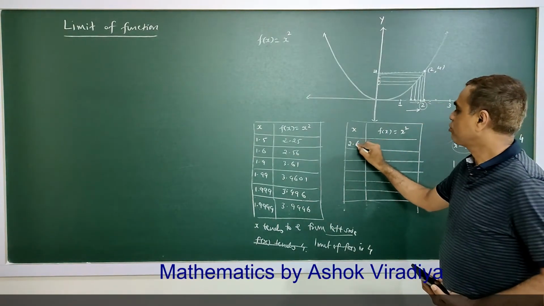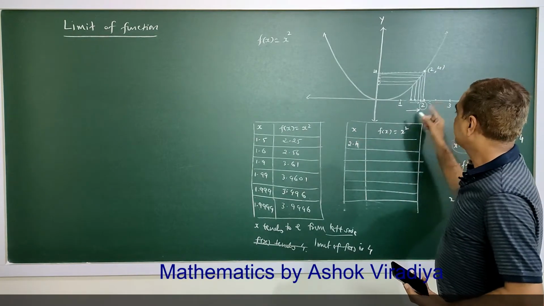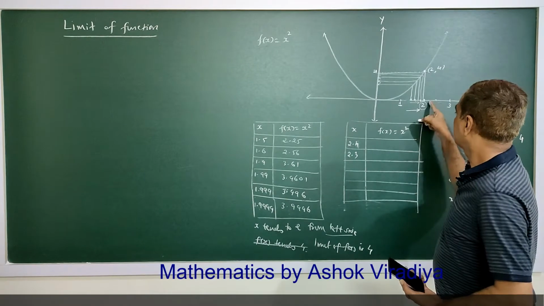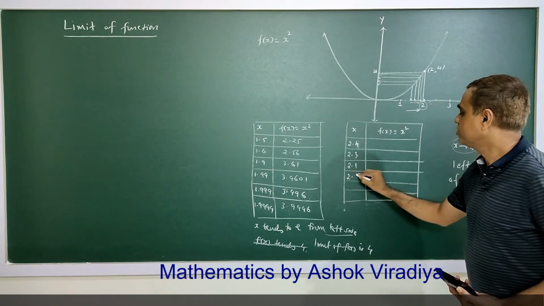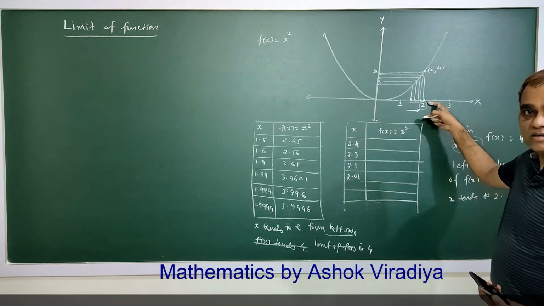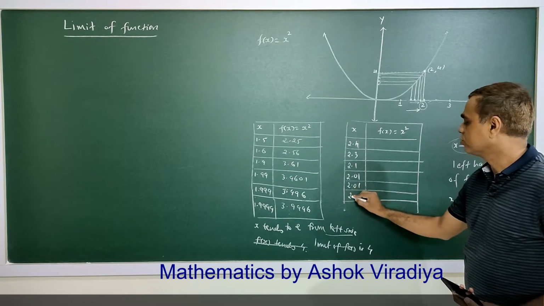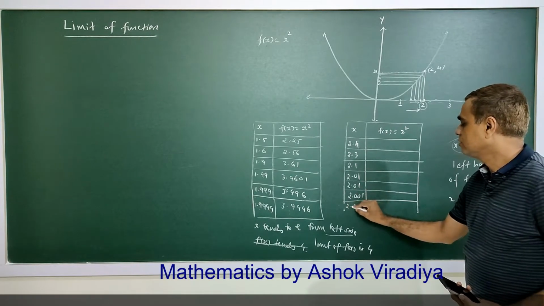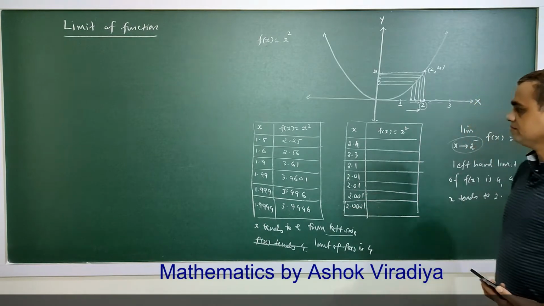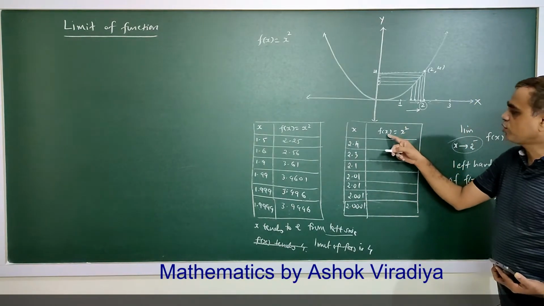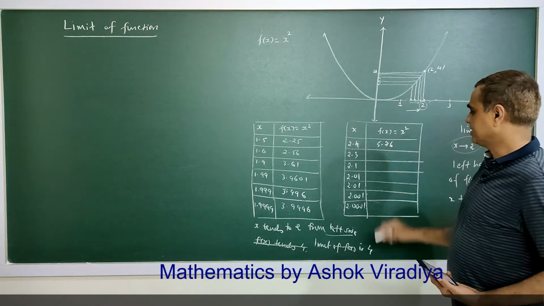Suppose I am taking 2.4, then take 2.3, then take 2.1, then take 2.01. Values are coming closer and closer to 2: 2.01, 2.001, 2.0001, like this. Now if x is 2.4, 2.4 square is 5.76.